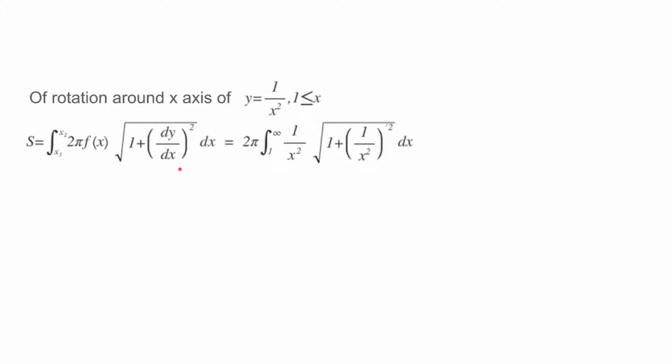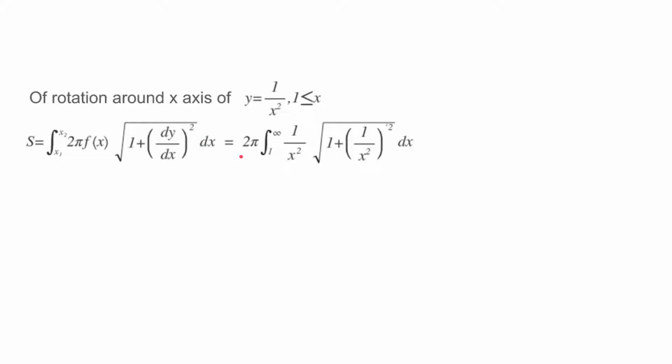Let's take a look at the next question. Rotation around the x-axis of y equals 1 over x squared, where x is bigger than 1. First things first, write down the formula we need. S equals the integral of 2 pi f(x) times the square root of 1 plus dy over dx squared dx.